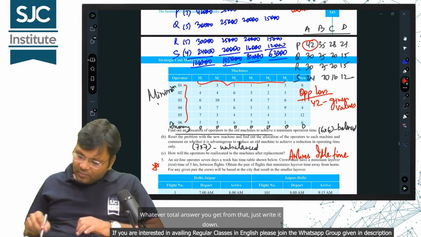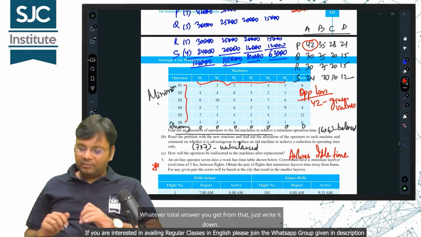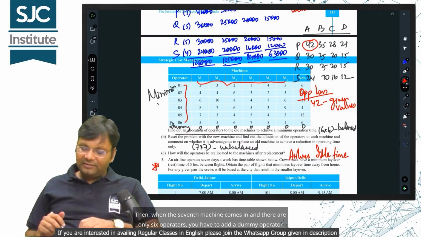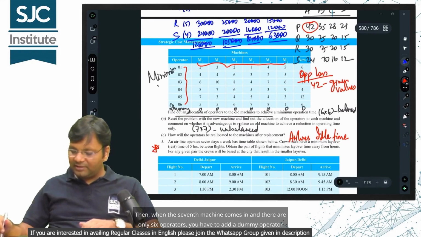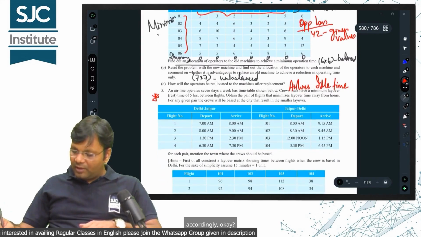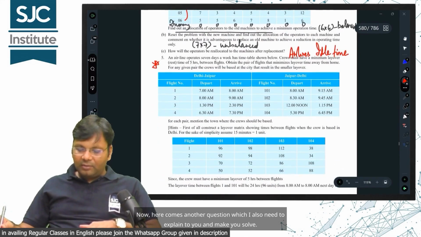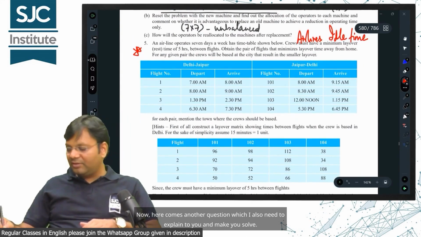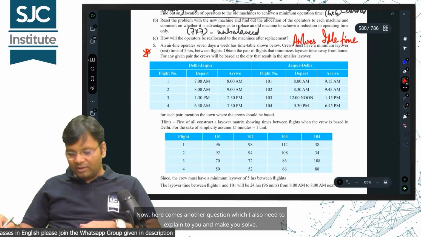Whatever total answer you get from that, just write it down. Then, when the 7th machine comes in and there are only 6 operators, you have to add a dummy operator accordingly, okay? Now, here comes another question which I also need to explain to you and make you solve.